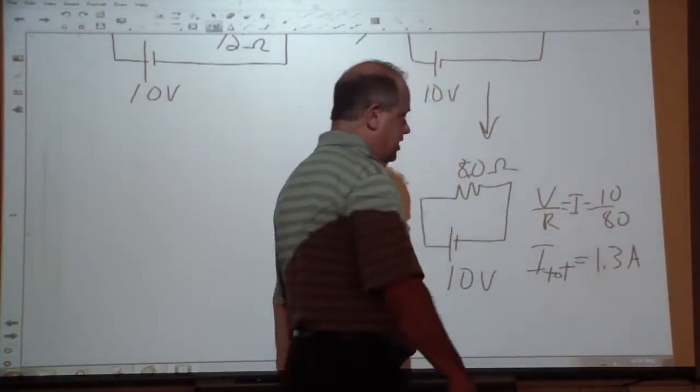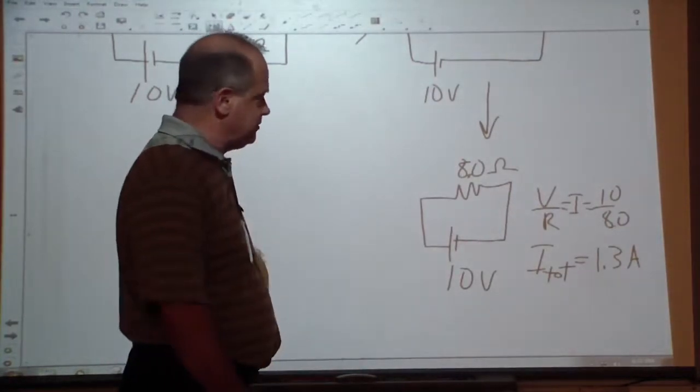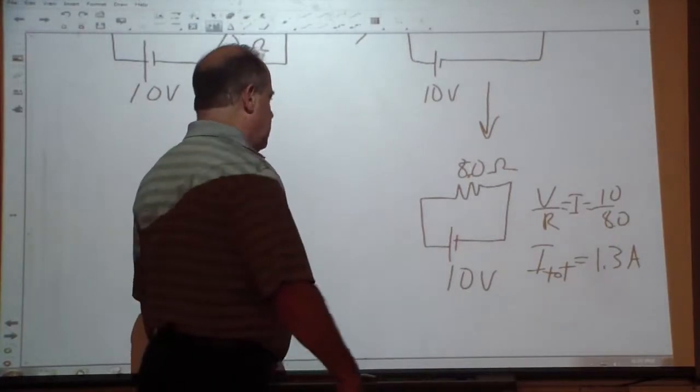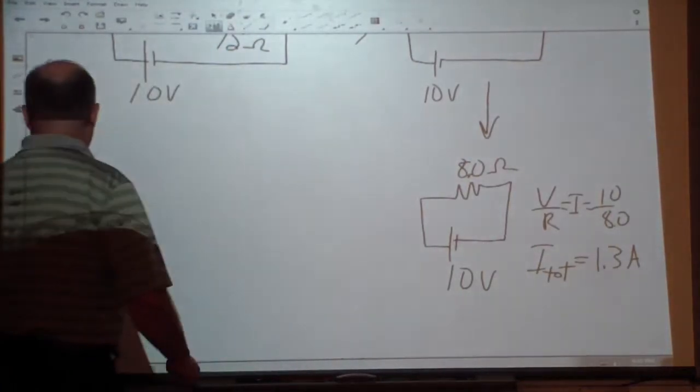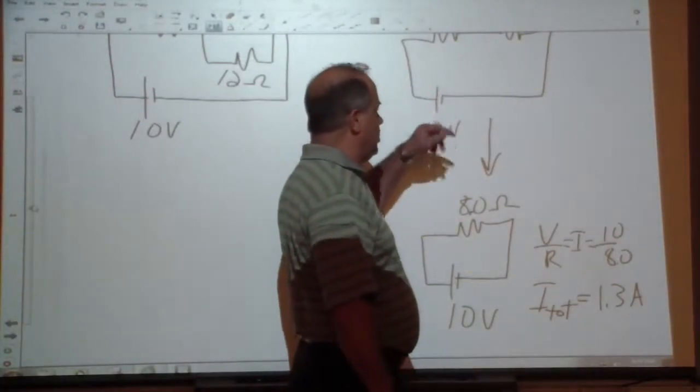And I don't like rounding that big like it is because it's going to set everything off a little bit, but that's just the way life is. That's your total current. Now we go backwards again.